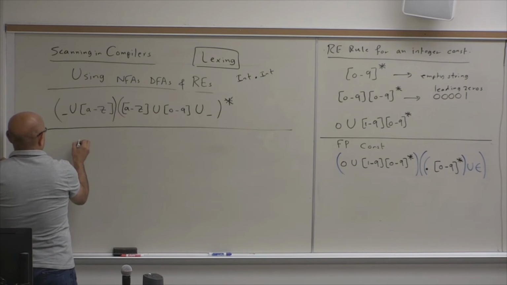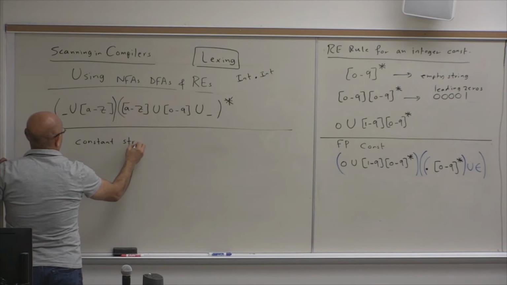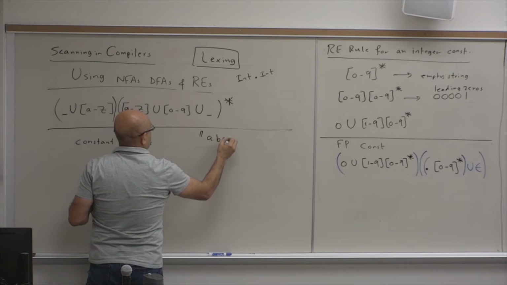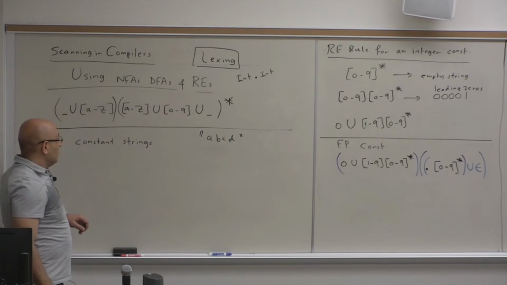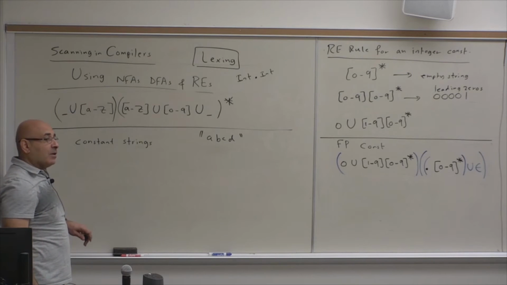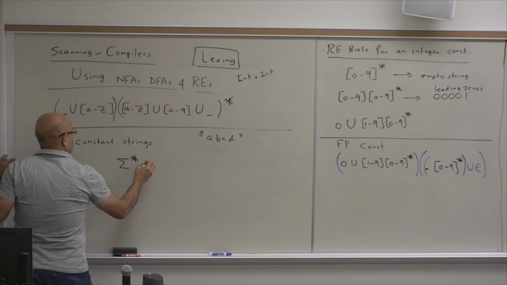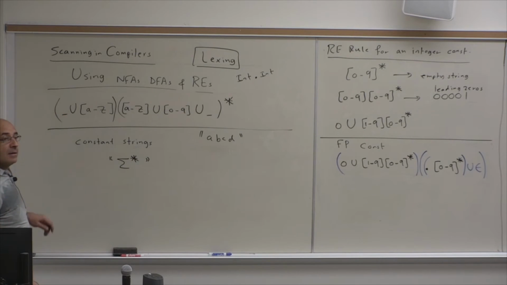Okay, what about constant strings? Something like A, B, C, D. So the first attempt for a constant string would be sigma star, right?